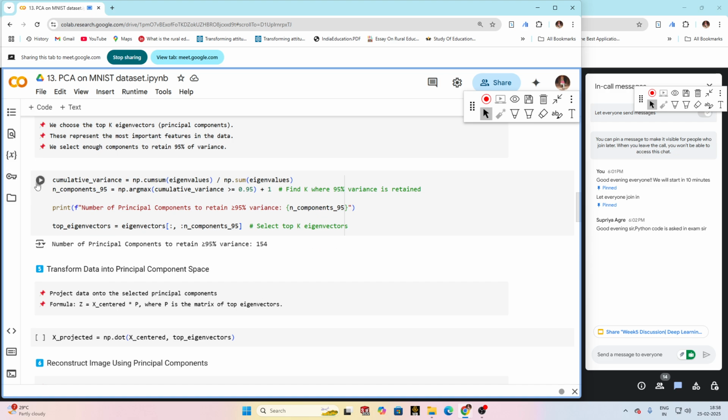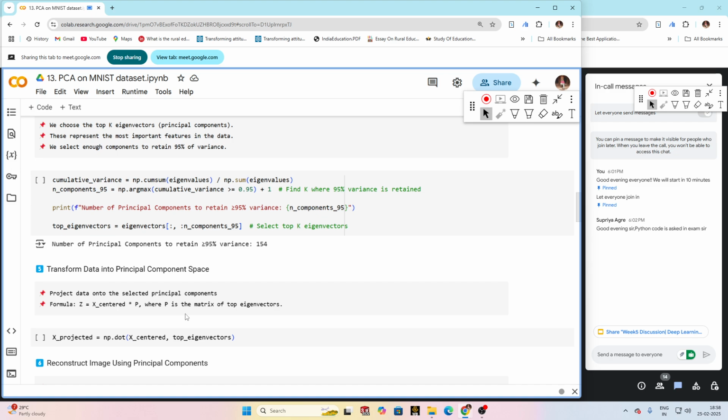Whenever you run this code, the number of principal components to retain greater than 95% of variance is 154. Total we have 784 components, that is 28 into 28, but now we can see that by utilizing only 154 principal components we can retain 95% variance of the data.